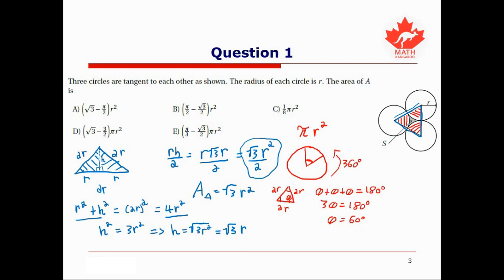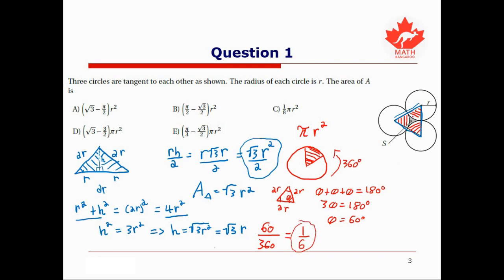So what proportion is 60 degrees of the total of 360? Well, to get that, we simply divide 60 by 360, which works out to 1/6. Therefore, the area inside any one of these given circles that is also contained within the triangle in the center has 1/6 of the area of the total circle.